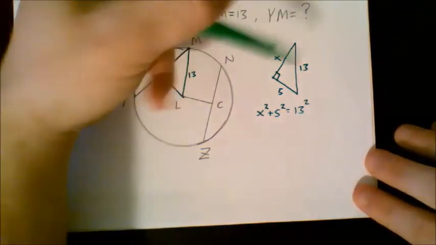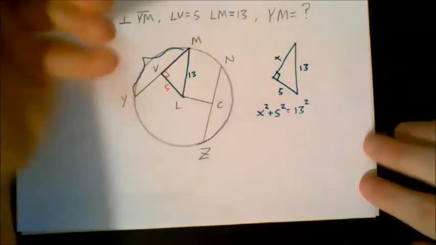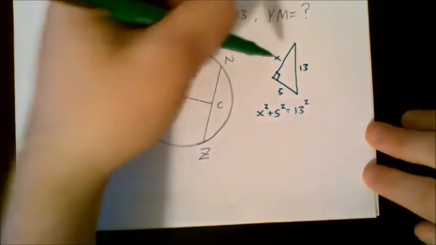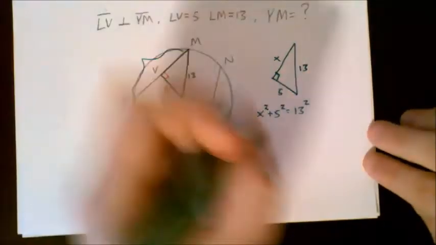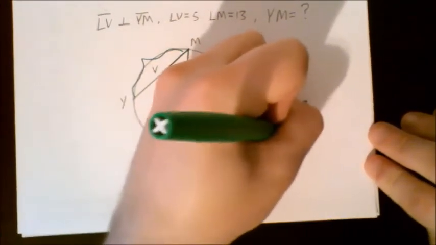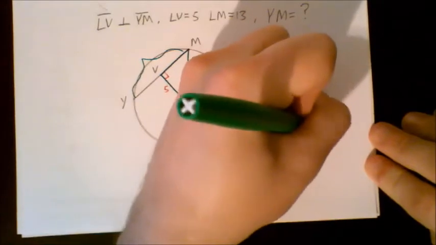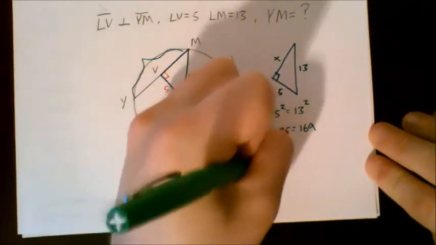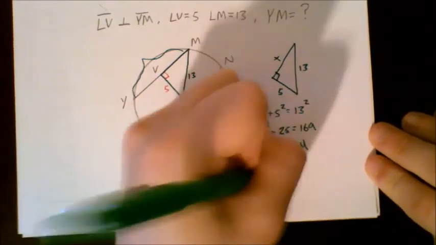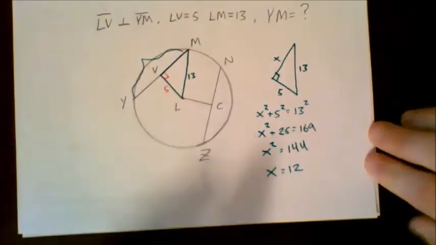Maybe you saw this and realized this is a Pythagorean triple, so you already know x equals 12. But if you forgot your Pythagorean triples, you could do this the long way. x squared plus 25 equals 169. Subtract it over. x squared equals 144. Therefore, x has to equal 12.